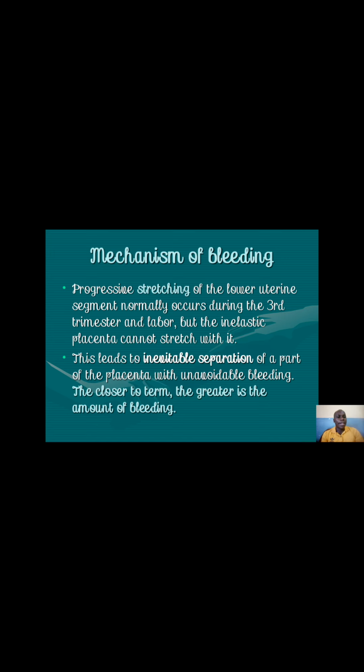Progressive stretching of uterine segment kama tulivyoona huwa inatokea mama akiwa katika third trimester na wakati wa labor, kwa sababu ndio overgrowing of the uterus inaokaa. Kwa mtoto anavyozidi kugrow, it means stretchiness of the lower uterine segment inaongezeka, ili kwamba izidi kumpa room mtoto.